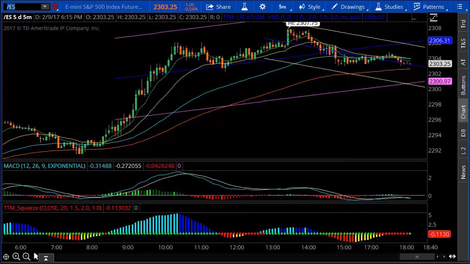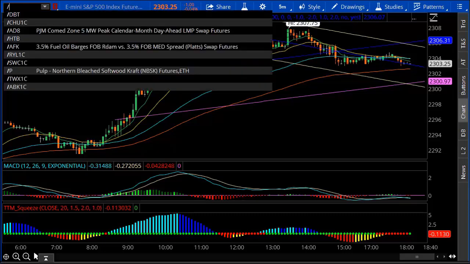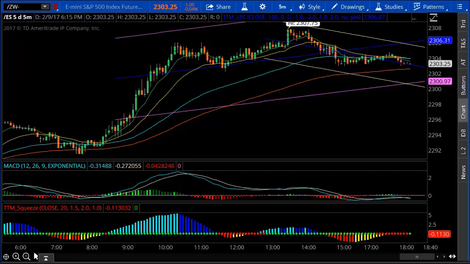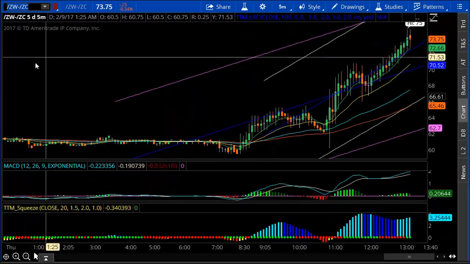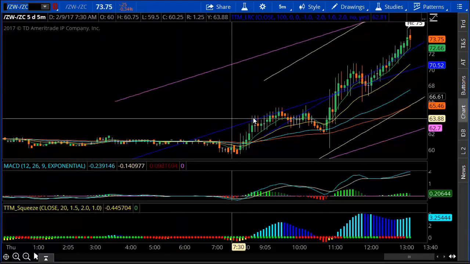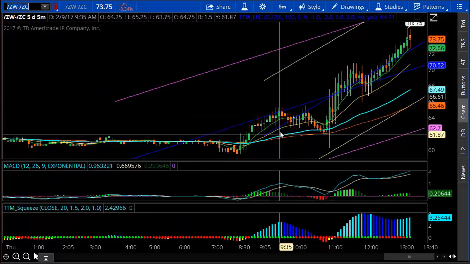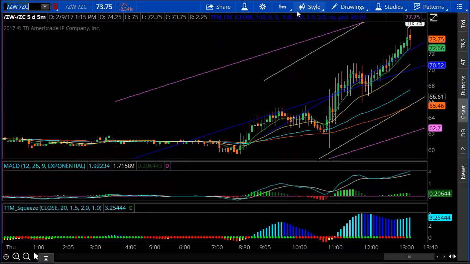Another one that I think you ought to be looking at is this. If you've got Thinkorswim, ZW minus /ZC. What is this? This is a wheat corn spread. I'm looking for this maybe to work back out when we got down in levels.